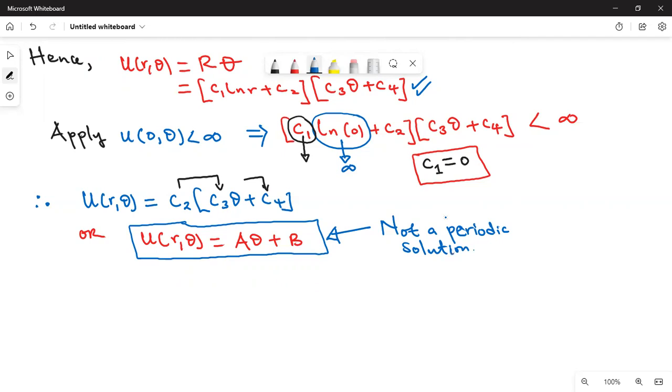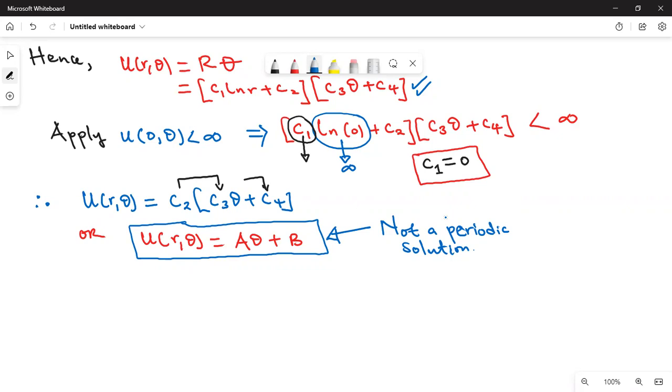Remember, when you are dealing with the method of separation of variables, usually our task is to find a solution which is periodic and non-trivial. Those are the two things that you need to look for. Are you able to find a non-trivial solution? That's the first question. Another question is, is that solution that you have found periodic?